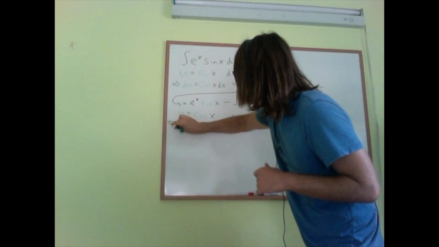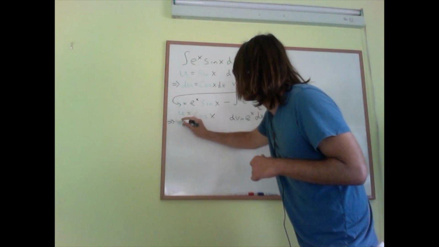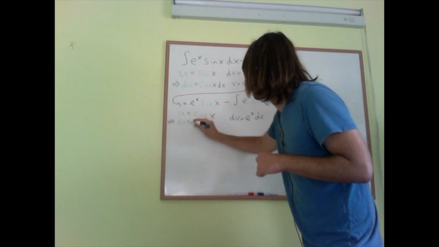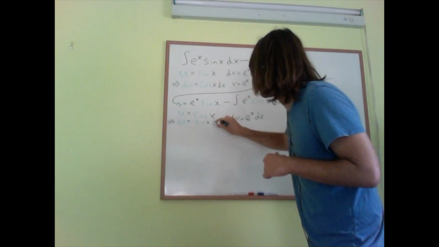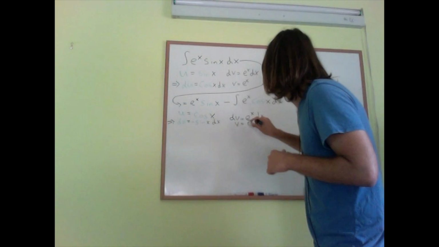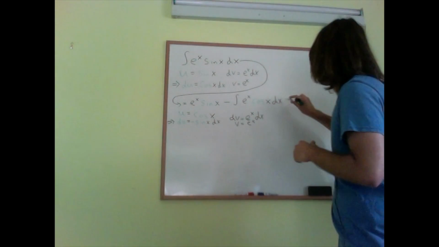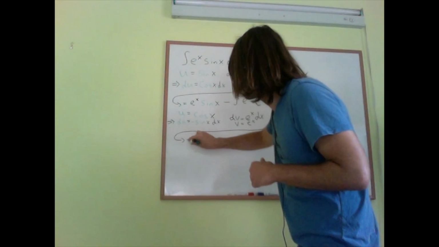This, of course, implies that du is equal to negative sine of x dx, and v is e to the x. Okay, so with that in mind, let's go down here.